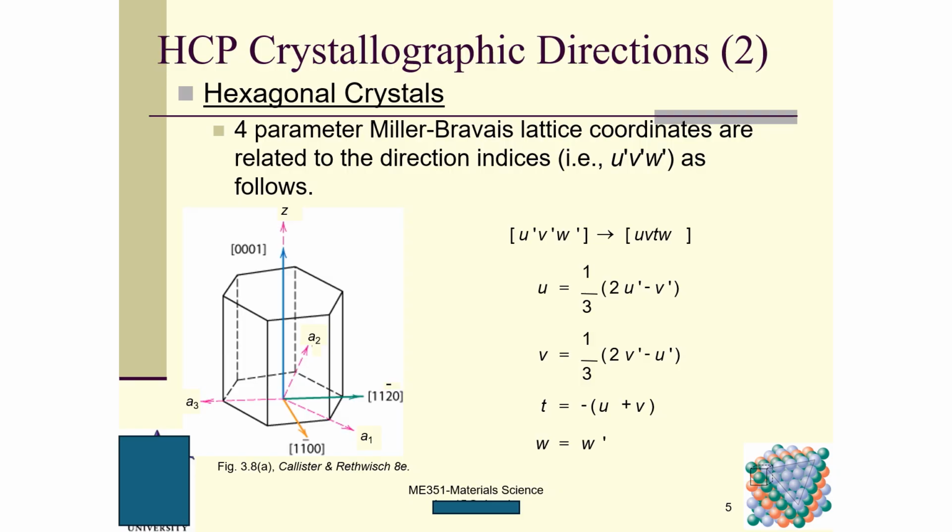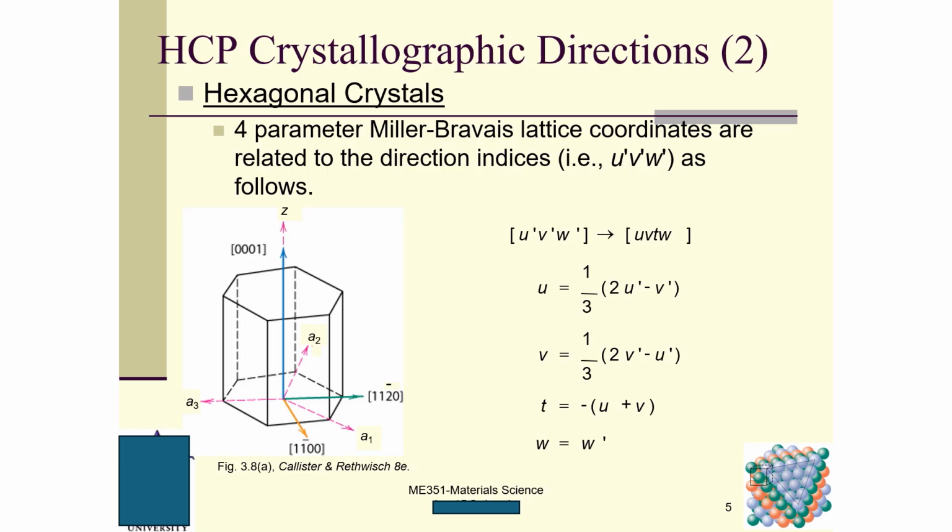But for hexagonal crystals, the 4-parameter Miller-Bravais lattice coordinates are related to the direction indices, which we call u prime, v prime, and w prime, as follows.